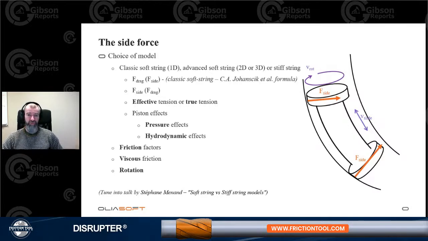But you need to choose what sort of model you want to use. One can look at the well in question and look at the dog legs, and as is most commonly known, stiff string plays an important role when you have dog legs that are in the area of 15 to 20 degrees per 100 feet.